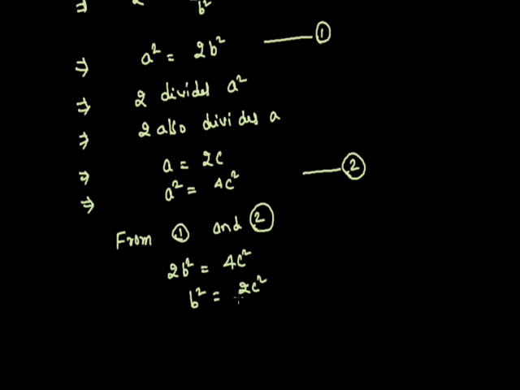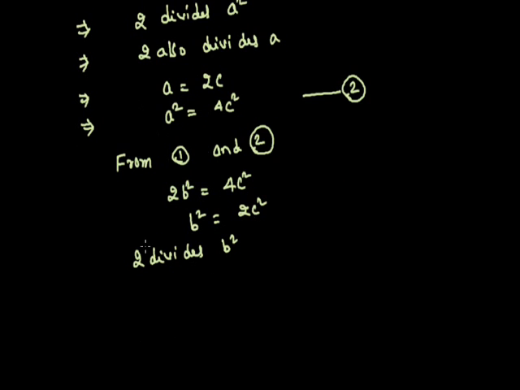Now b square equal to 2c square means 2 divides b square. We already said that if the square of any number is divisible by 2, then 2 also divides that number. It means 2 also divides b.